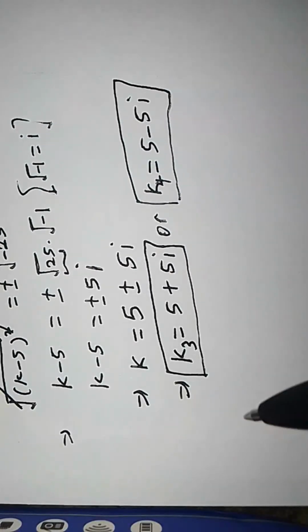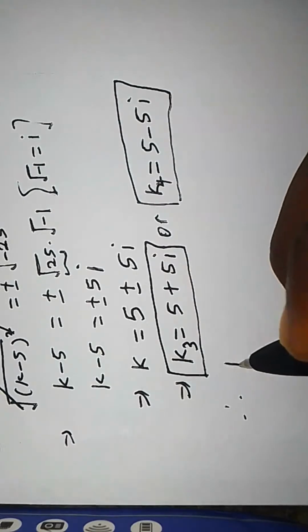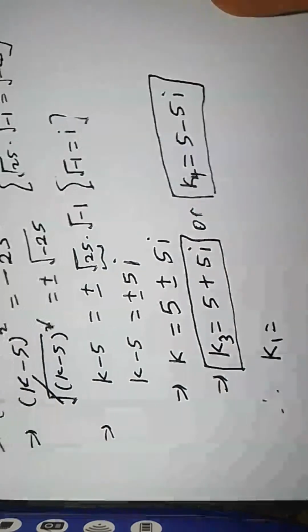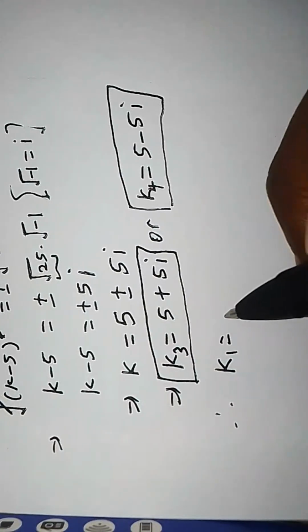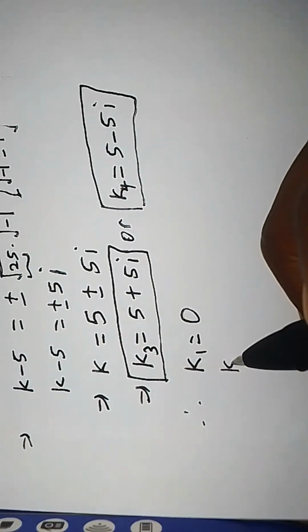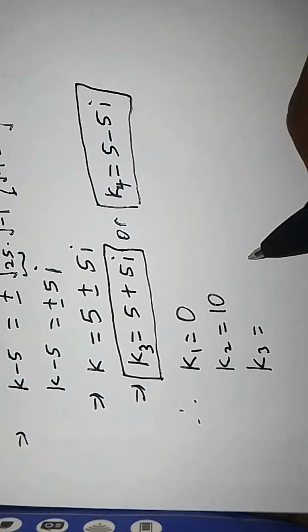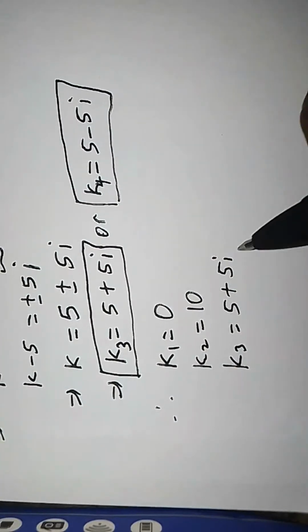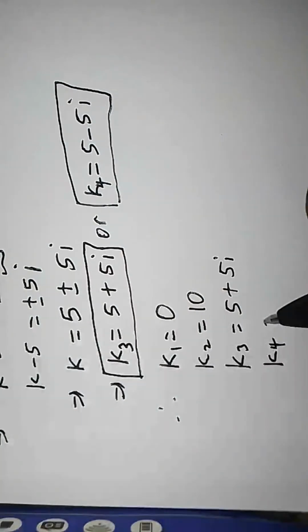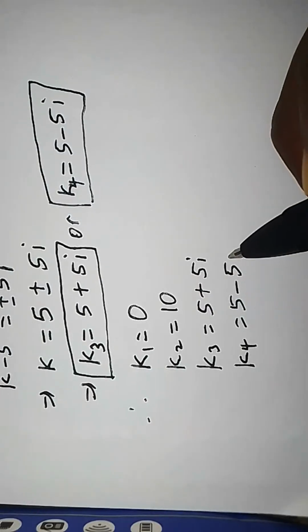So as a result of this, all the solutions that we have: k1 is equal to 0, k2 is equal to 10, k3 is equal to 5 plus 5i, and k4 is equal to 5 minus 5i.